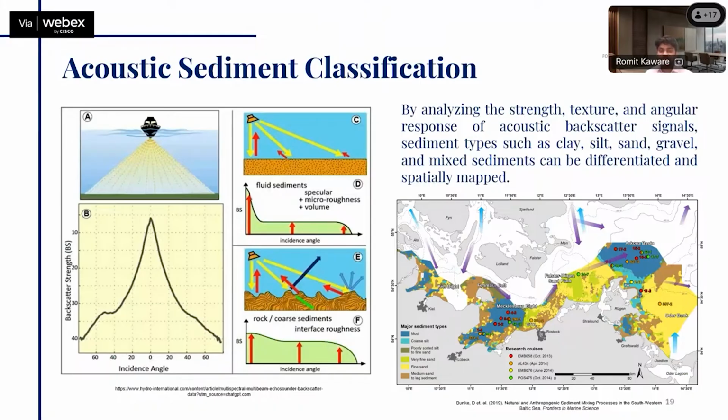Once we have the backscatter data of the seabed, we can do proper data analysis on it, so that we are able to extract meaningful information from it, creating sediment type maps. I'll explain the different methods for this acoustic sediment classification in the end. But these are the two major techniques that can be leveraged to have a large spatio-temporal sediment classification.